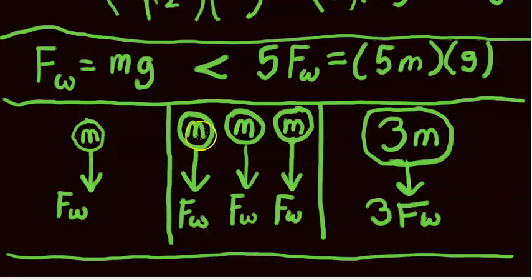Right here we have 3 separate masses, each one of them being acted upon by the same magnitude of force, bringing them down. So it only makes intuitive sense that if these 3 masses were combined, then we're going to have 3 times the amount of force acting upon that mass as we would on each of these separately, or this singular mass located right here.